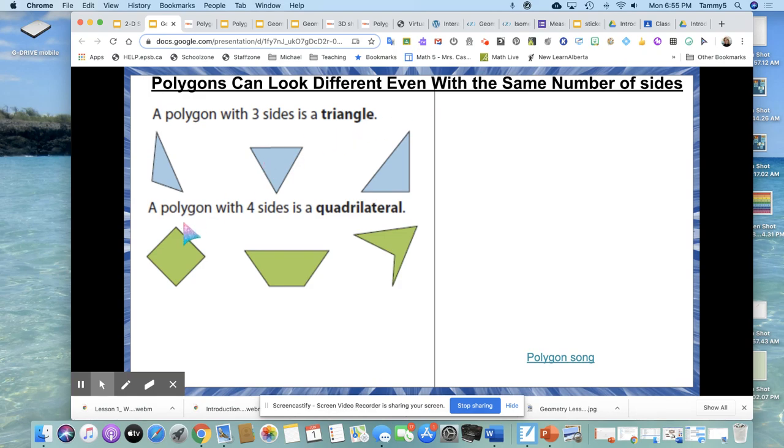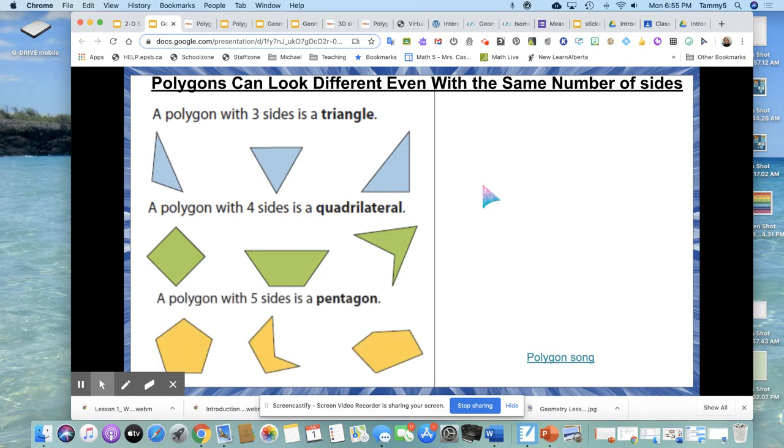We can have a square that is a quadrilateral, so a regular polygon right here. We can also have something that's called a trapezoid. This is a trapezoid, or you can just have another irregular polygon with 4 sides, and these are all quadrilaterals. And of course, you can have a rectangle as well.